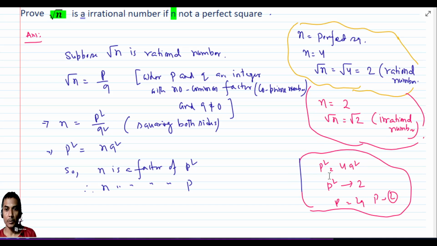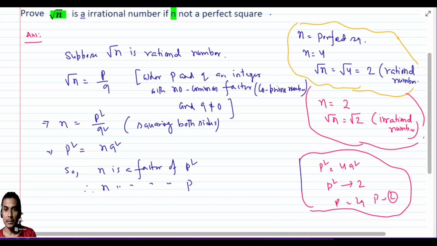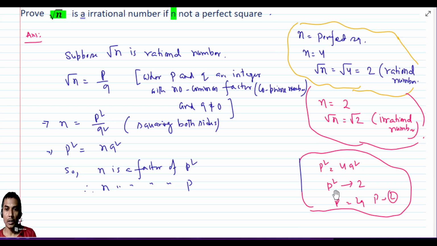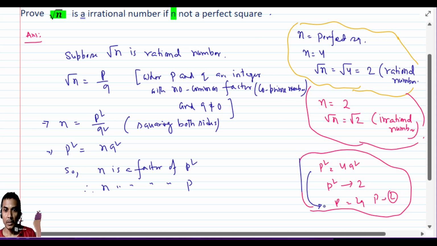Suppose n is 4, so p square is equal to 4q square. So we can say that p square has the factor 2, right? Because 2 is a factor of p square. And then if we take the square root, we get p is equal to 2q. From here, we can say that 2 is a factor of p also.